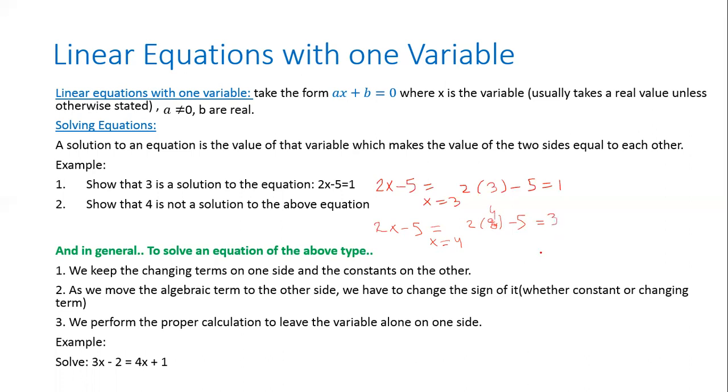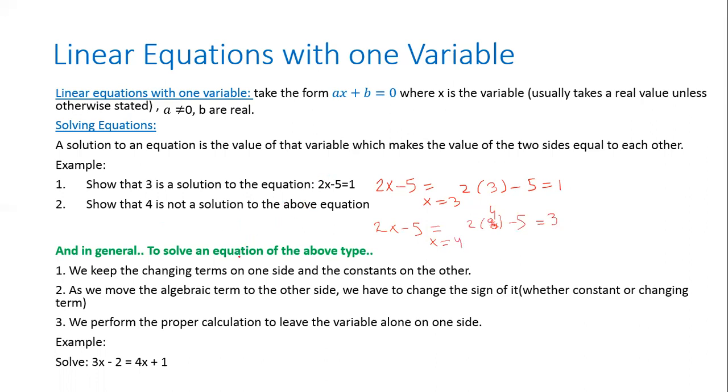Here I get 3. Now, the value of 3, which we get by replacing x by 4 in the left side of the equation, doesn't equal 1, which is the value of the right side. Then we conclude that 4 is not a solution to the above equation.